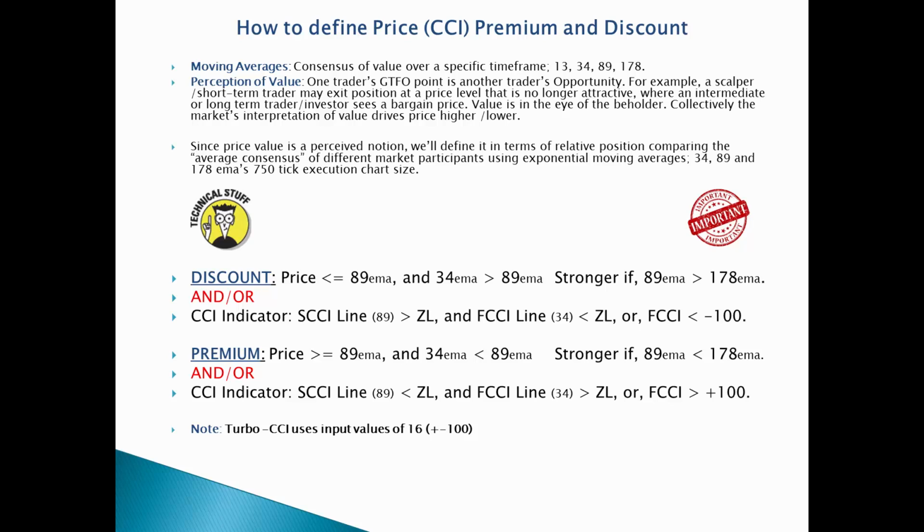So 13 bars back, 34 bars back, 89 bars back, 178 bars back, whatever you're measuring, it's a consensus of value at that point in time over X number of bars. But it's the relationship between each of the moving averages that offers a view of what the overall market is doing.